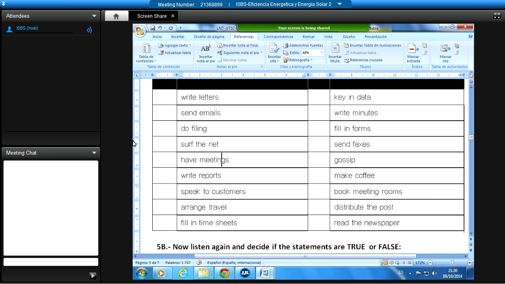It's a bit of exercise, and I often have a chat and a gossip with my colleagues at the copy machine. In the afternoon, I do the same sort of work, but I usually find time to surf the net for 5 or 10 minutes. It breaks the routine of the day. I often have to key in data. It's a bit boring, but it's part of the job. At 5 o'clock, I fill in a timesheet, and that's a typical day.